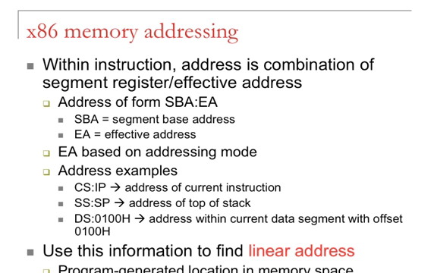In general, we use this kind of form, SBA and EA, and everything here you saw is the same. That's how, in general, we refer to a memory location: segment base address and effective address.